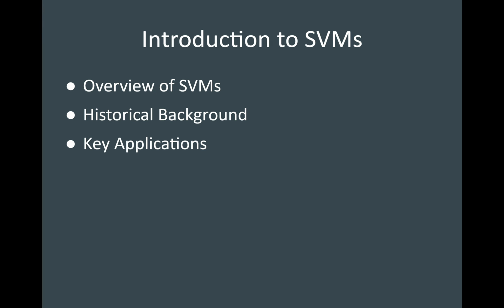SVMs operate by finding the optimal hyperplane that separates data points into different classes with the maximum margin. It was developed in the 1990s by Vladimir Vapnik and his colleagues. SVMs have been instrumental in solving complex real-world problems due to their robustness and versatility.